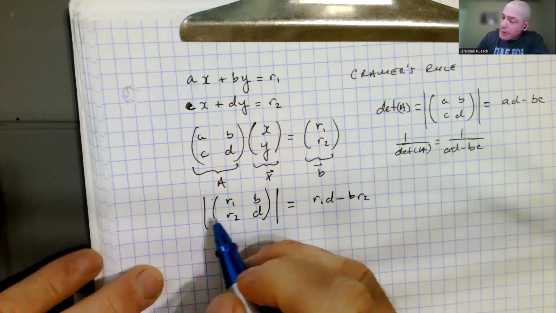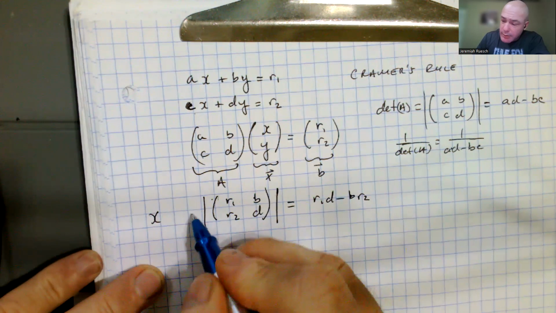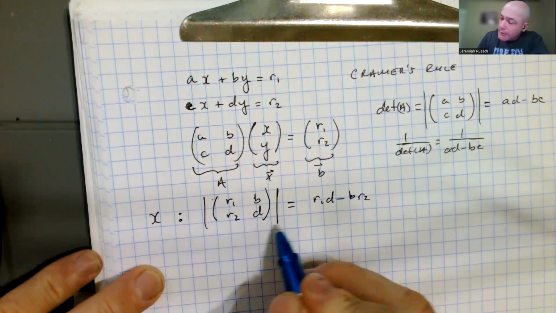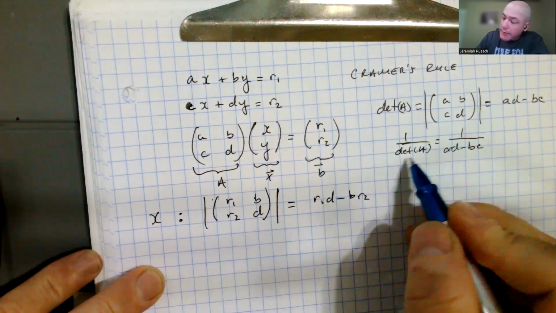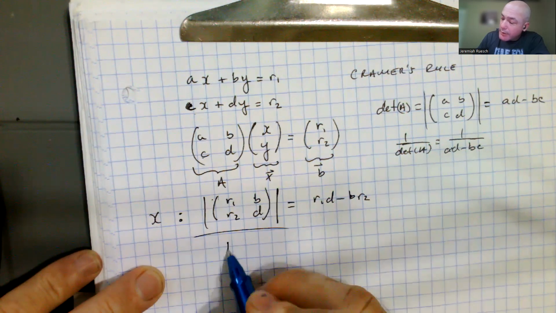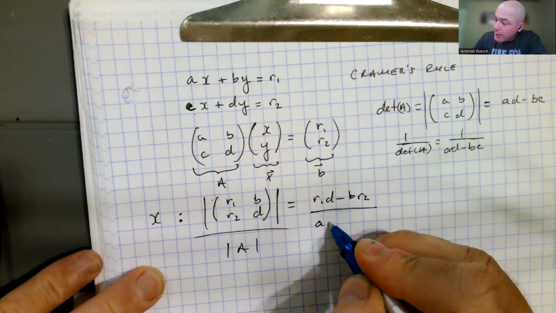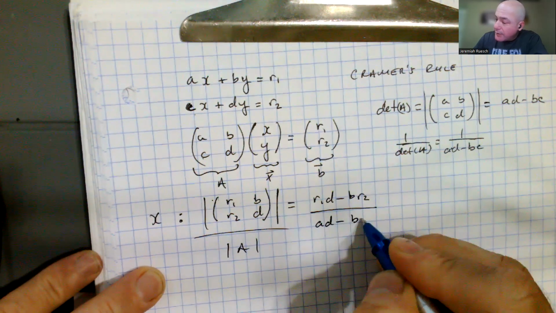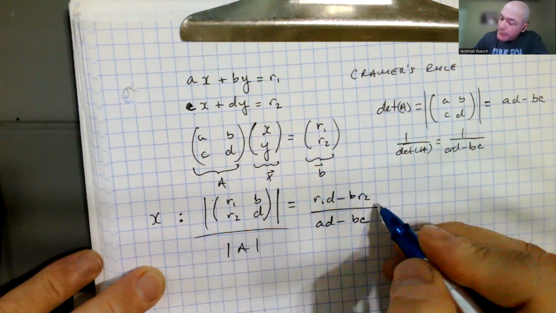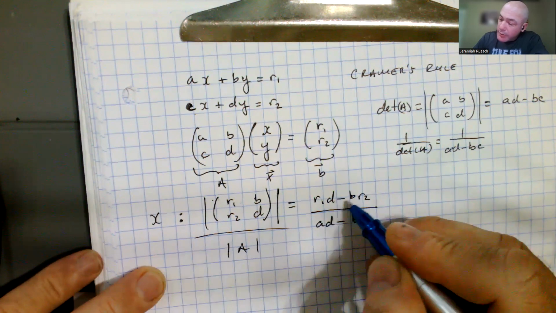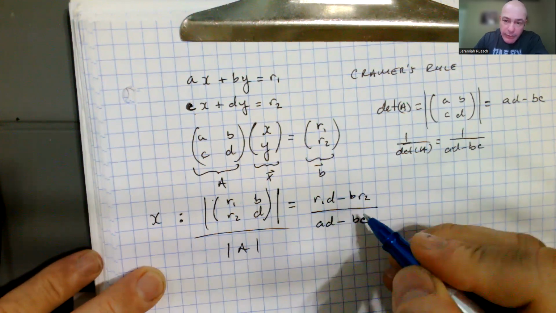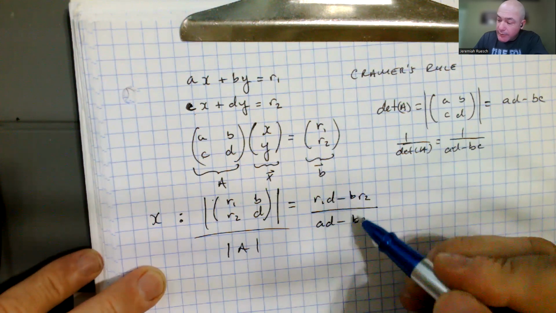Okay. And then our X value is going to equal this, and then we're going to divide by the determinant of A, which is AD minus BC. Okay. So our X value then is going to equal this linear combination of products and differences.